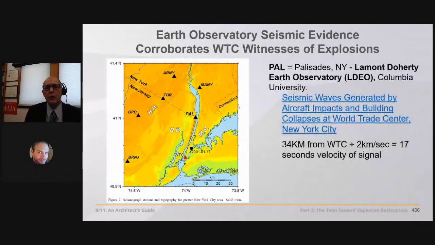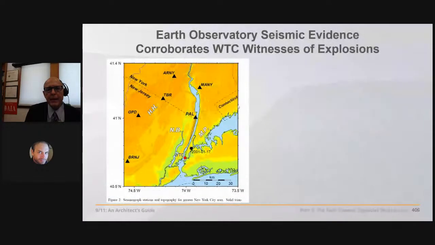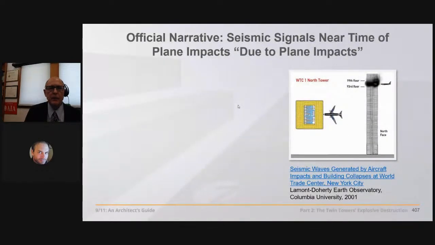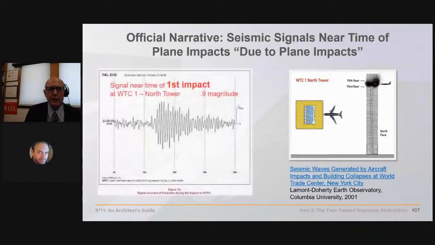This is the Lamont Doherty Earth Observatory, 20 miles north of New York, in Palisades. FEMA and NIST relied upon these reports. So let's look at them very carefully, because there's 4 different events.